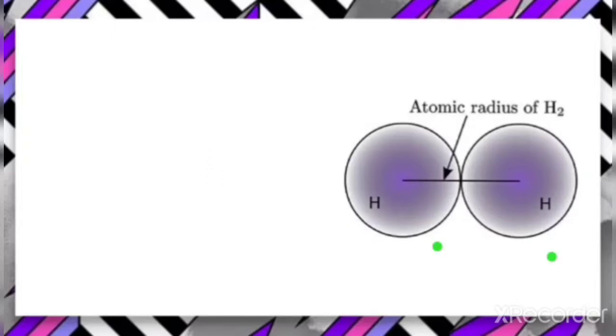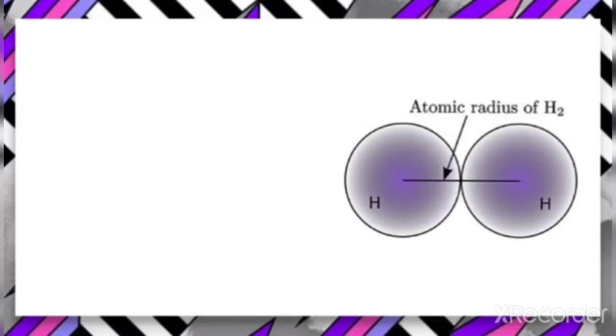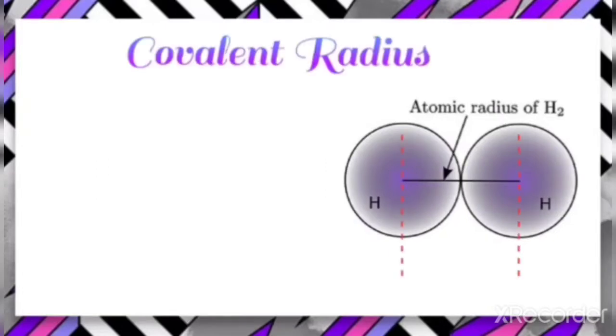When we find the internuclear distance between the two atoms in a hydrogen molecule bonded by a covalent bond, and take half of it, that gives the radius. Since we are finding the internuclear distance in a covalent molecule, that radius represents the covalent radius. In the covalent radius, we find the internuclear distance.